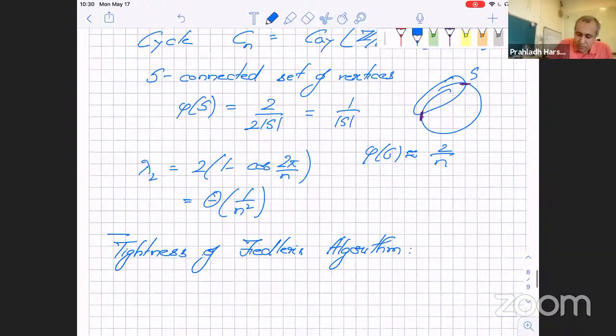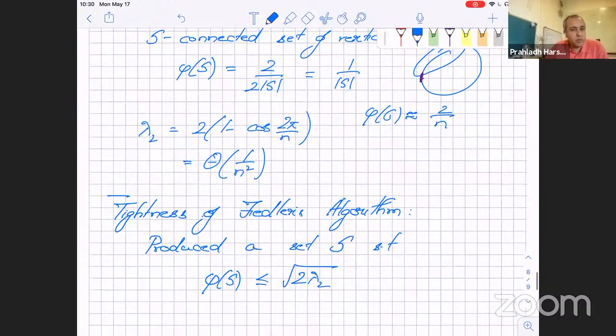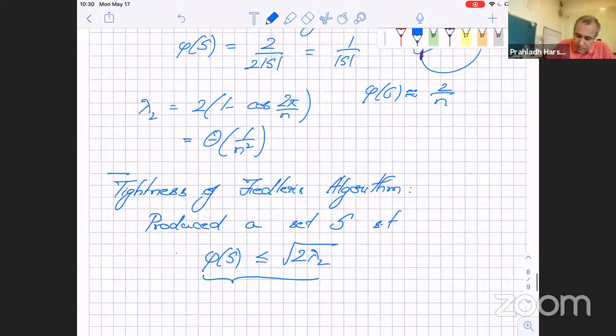The Fiedler algorithm produced a set S such that phi of S was less than or equal to 2 square root lambda 2. But we know that phi of S is always greater than or equal to lambda 2 by 2.